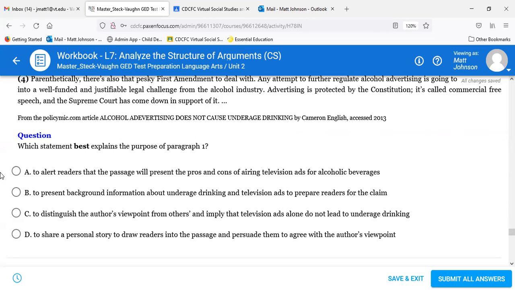B, to present background information about underage drinking and television ads to prepare readers for the claim. C, to distinguish the author's viewpoint from others and imply that television ads alone do not lead to underage drinking. D, to share a personal story to draw readers into the passage and persuade them to agree with the author's viewpoint. Did you see? C, yeah, C as in cat. 10 is C.